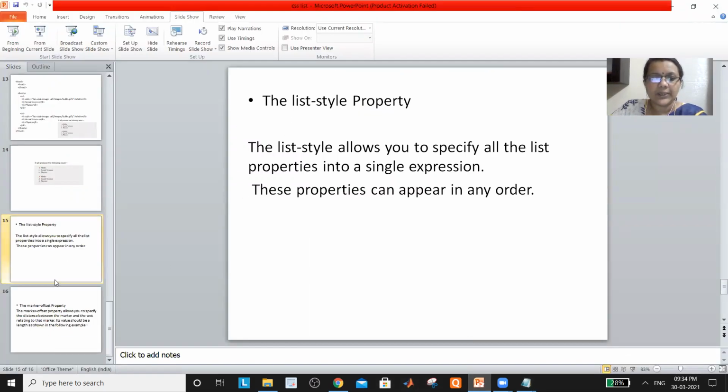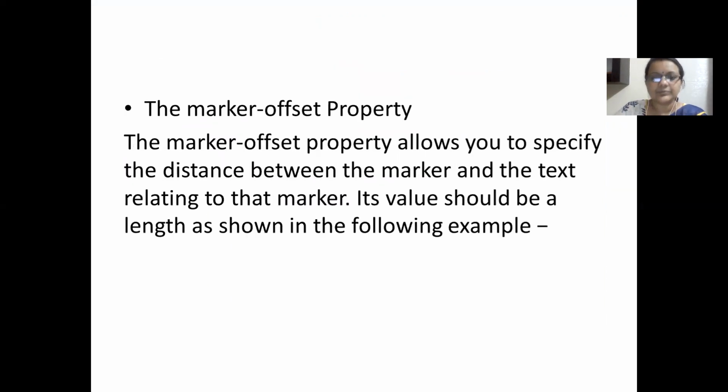The last property is the interesting one, that is the marker offset property. The marker offset property allows you to specify the distance between the marker and the text relating to that marker. Its value should be a length, as shown in the example.